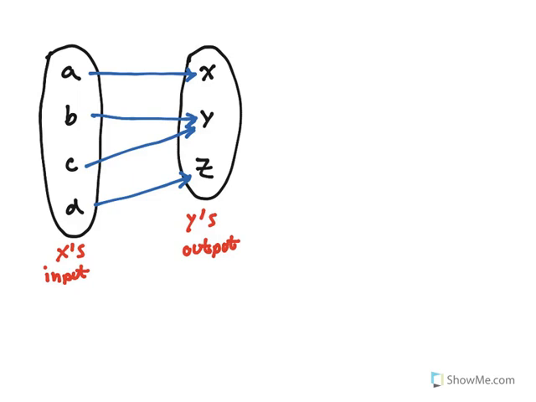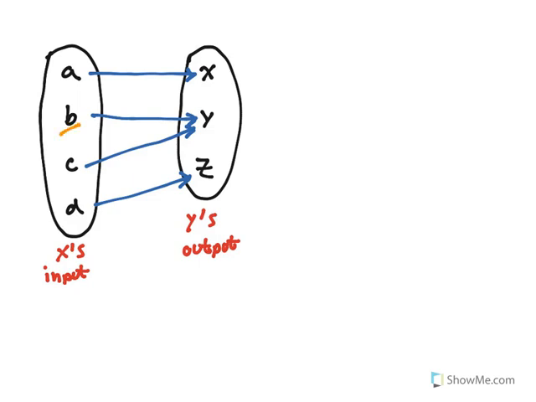Actually, it's kind of like what I just said. Remember, initially I said if you had one x value producing 2 different y values simultaneously, that can't happen. But if you look at this situation, A produces X, that's fine. B produces Y, and then C, which is a totally different input, can also produce the same value of Y. That can happen as long as the inputs are different.